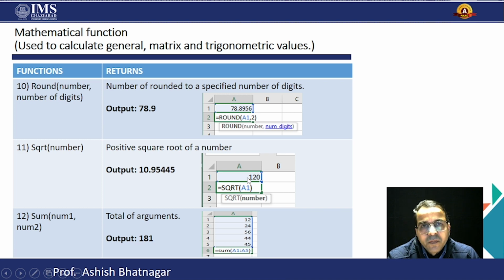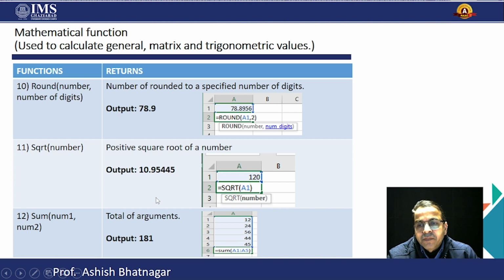If I apply the 120 inside the SQRT function, it will return the square root value like 10.95 something. So this is a very simple formula. SQRT contains one argument, and the argument contains any number, so this will return the square root of a positive number, right?